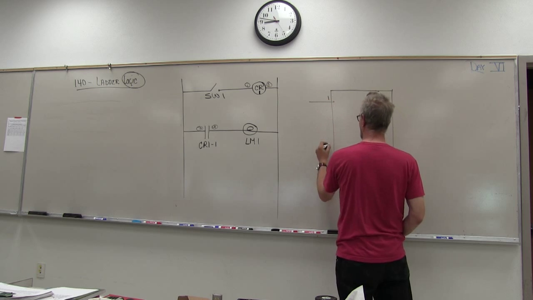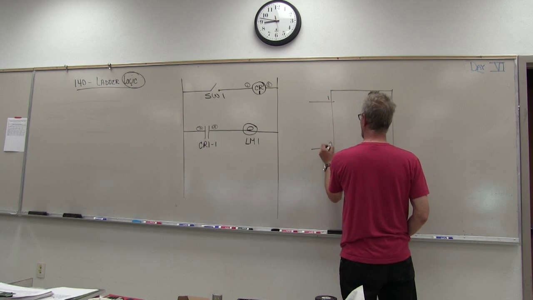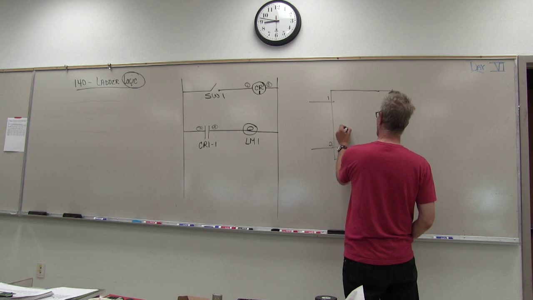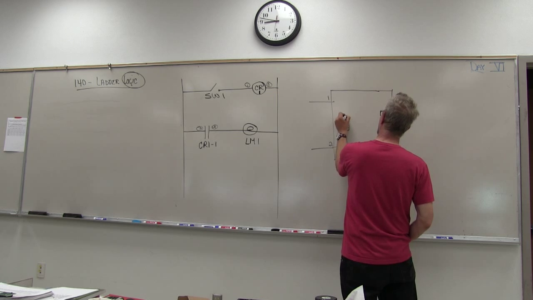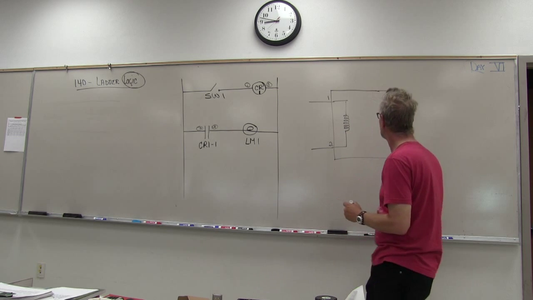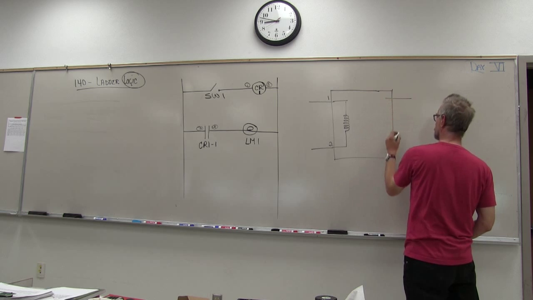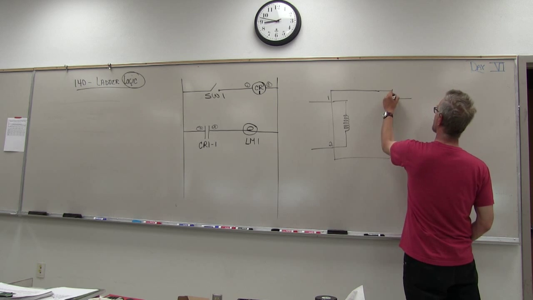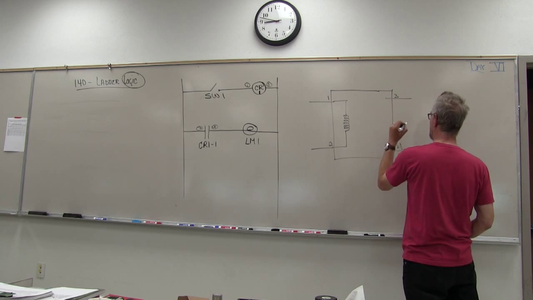Terminal 1 and terminal 2 constitute an electromagnet or a coil. Here's 3 and 4.